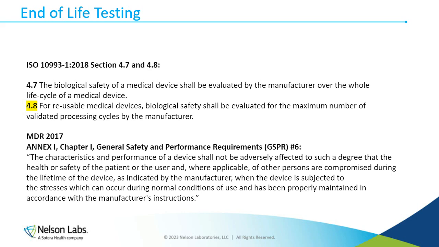So we're starting to see this end-of-life use testing creep up, and we're starting to see testing being performed on these devices now. It may be 50 cycles, 100 cycles, or 200 cycles, but we're starting to see them because they are currently being discussed to even make it more stringent, that you have to now do it. I mean, it says shall here, so it is a requirement, but it hasn't been enforced readily.